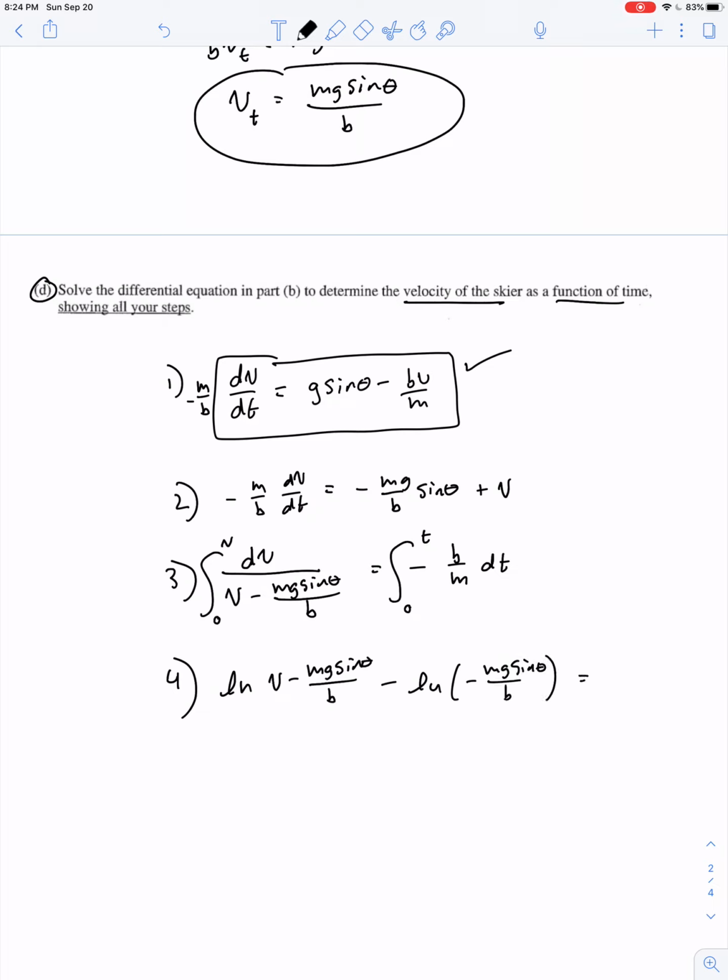The right side is really easy. It just becomes negative b over m t. And the natural log of a minus the natural log of b is the same thing as the natural log of a over b.